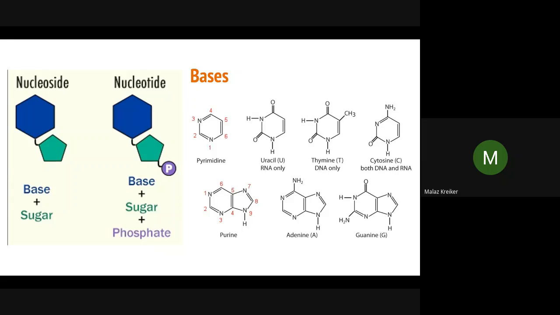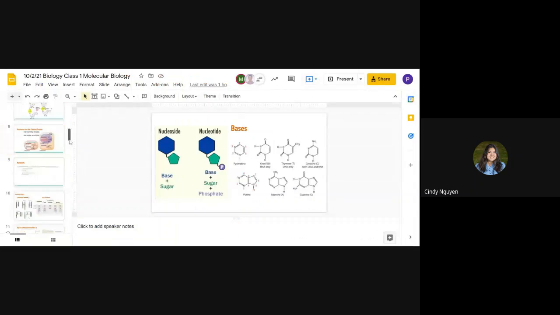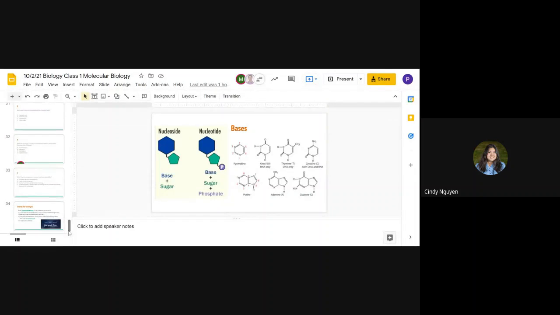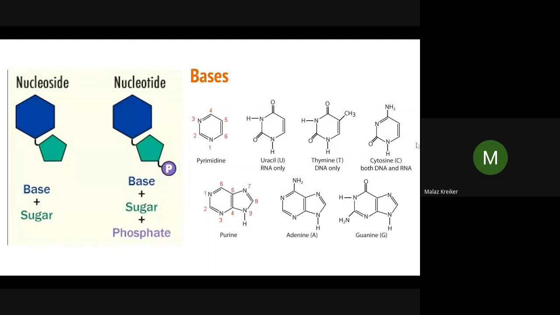But yeah, does anyone so far have any questions? Can you repeat the pure as gold? Sure. So basically, A is adenine, gold is guanine, or G. Purine is pure.